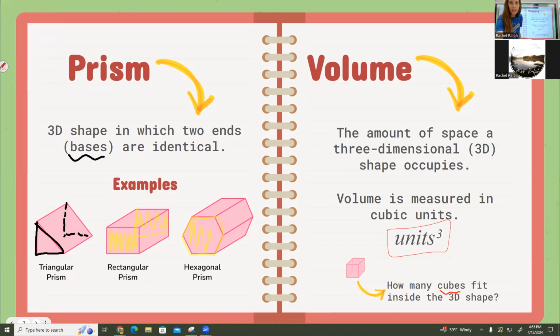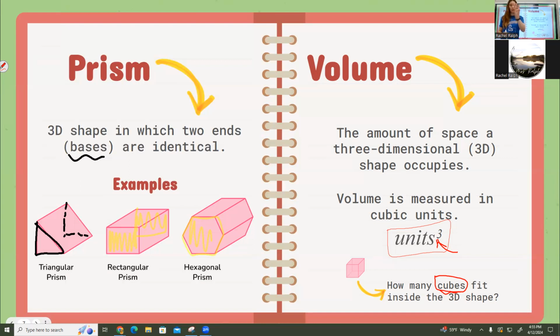So how many cubes fit inside of whatever this three-dimensional shape is, whether it's a triangular prism, a rectangular prism, or a hexagonal prism. 3D shape, cube, 3D, right? Three-dimensional is literally telling us we're working with 3 dimensions.